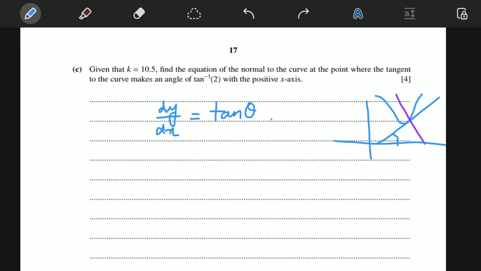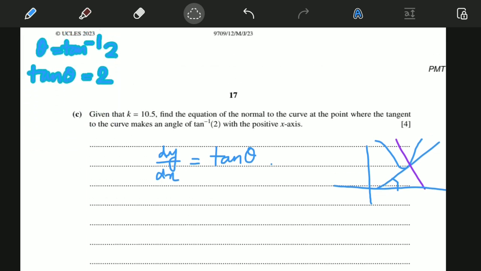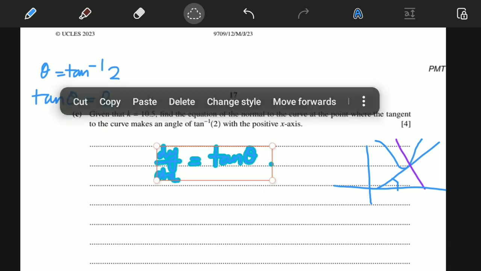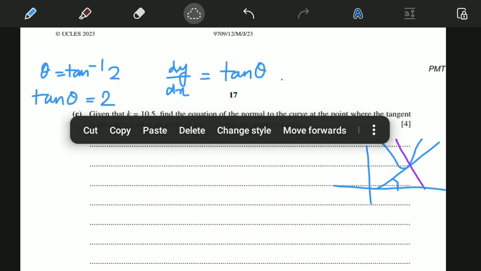Okay, so as theta equals tan inverse of 2, that means tan theta equals 2. And I'm writing this above here.